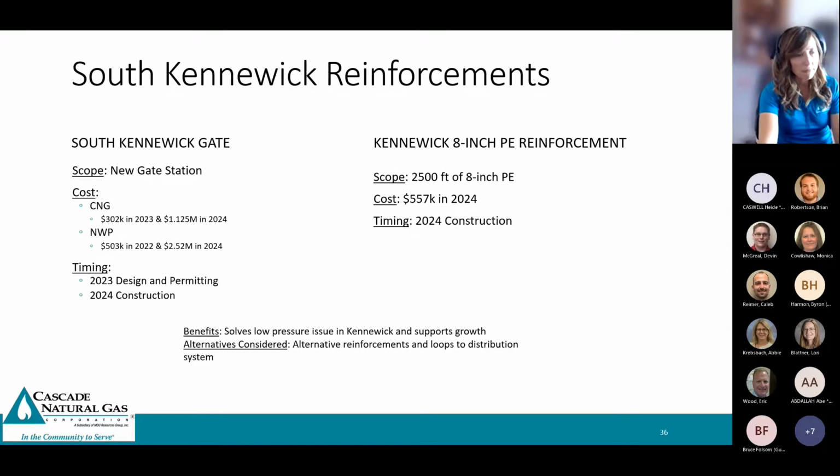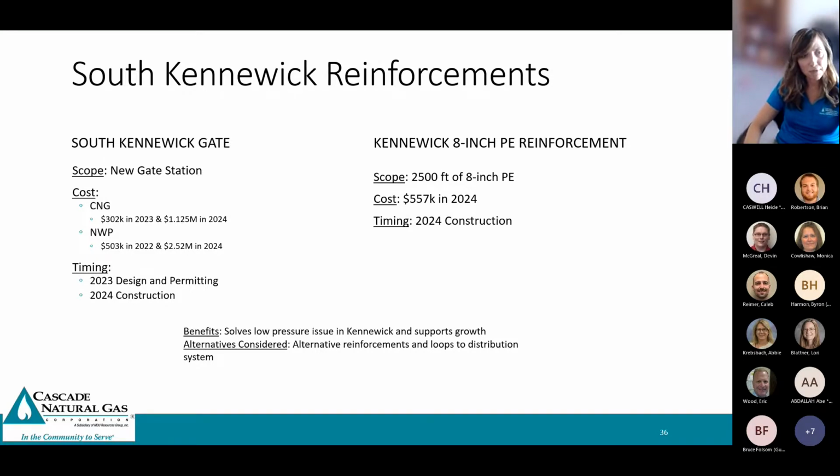Keep moving. Next up, we got some South Kennewick reinforcements. This is distribution system enhancements. We have low pressure over on the south side of Kennewick. It just kind of happened over time with growth over the years. This project's going to bring in a new gate station. It's going to be called the South Kennewick Gate.